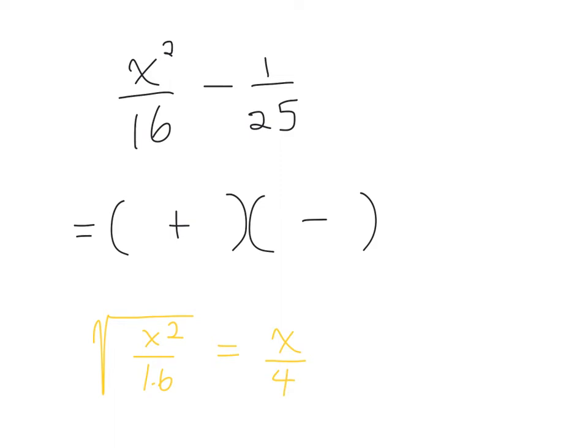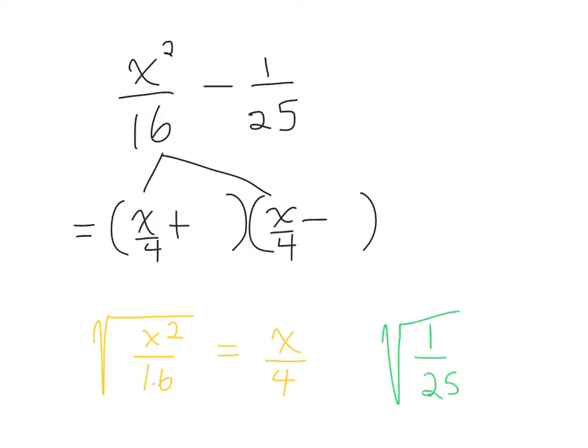Then let me just pause and fill in that spot. So what am I putting in my first position here for both of these difference of squares? I'm putting x over 4. Okay, now I'm going to tackle my second term in that difference of squares, which is the square root of 1 over 25.